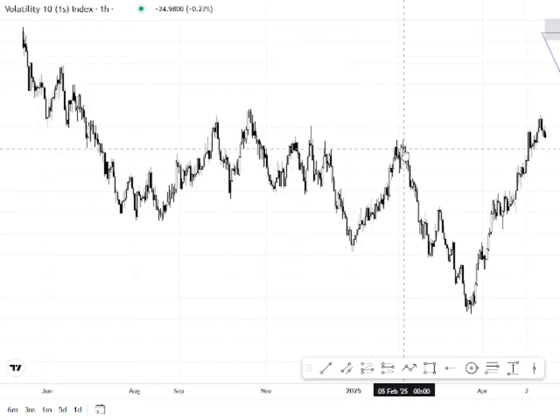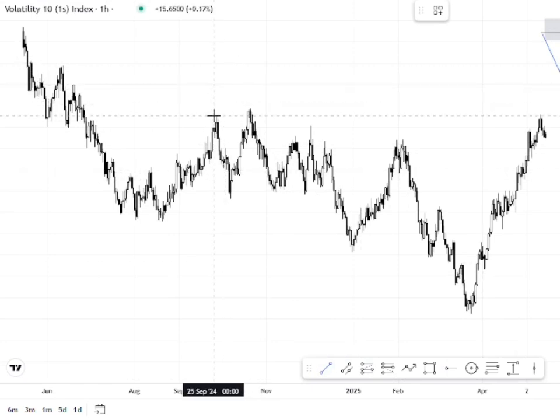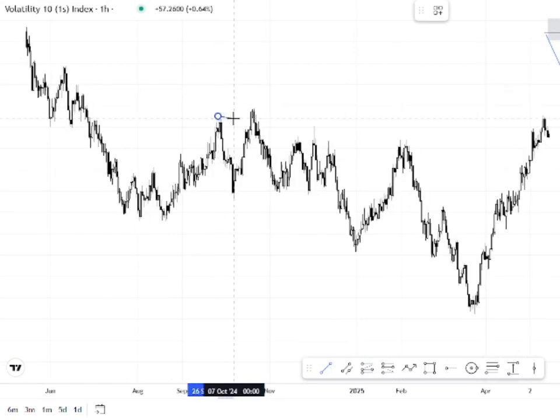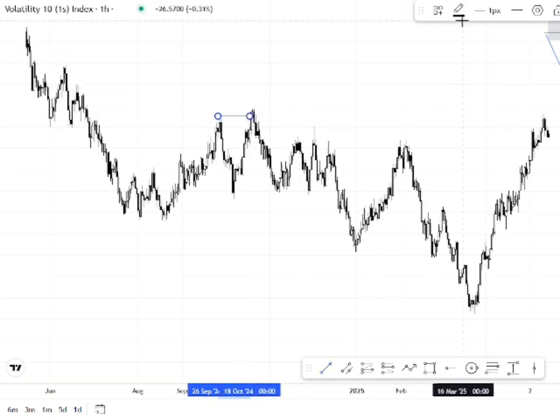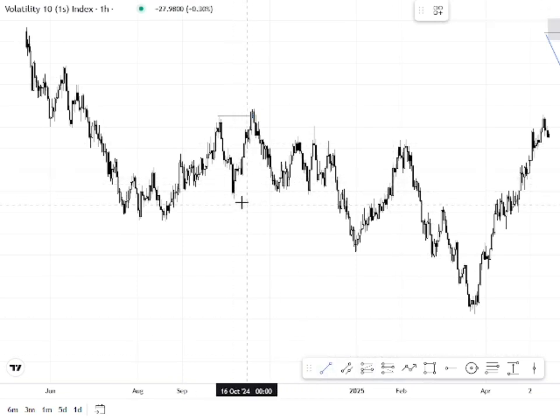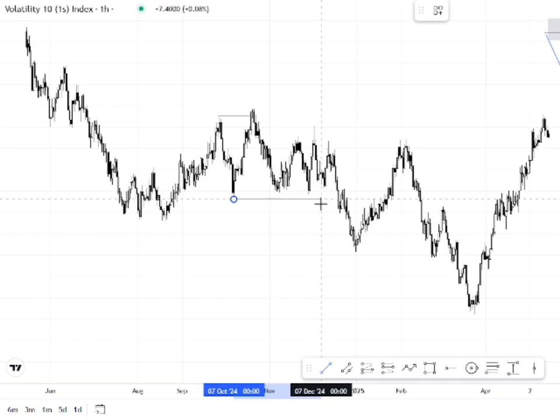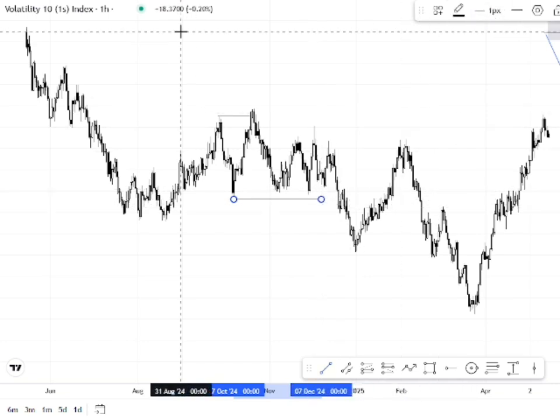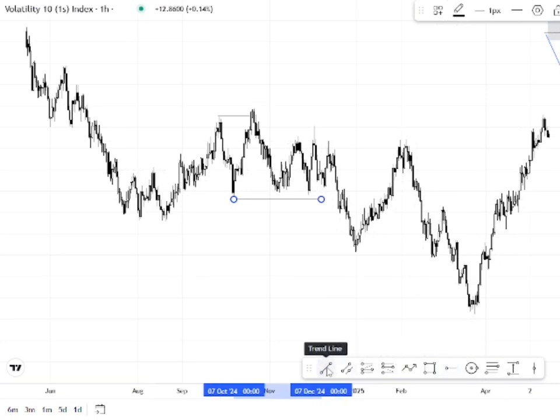So did you in any way see a setup here? This point here is a sweep of liquidity, a sweep, then we have a break here, and in this case we are going to be taking this high as our highest high.